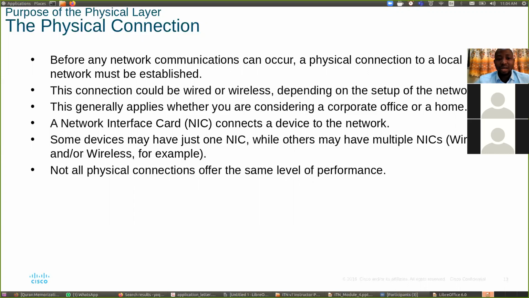If you look at the wired connection at the back of your computer, you'll have a NIC card, that is the network interface card that you use to connect your cables to. Some devices may have one NIC, while others may have multiple NICs.